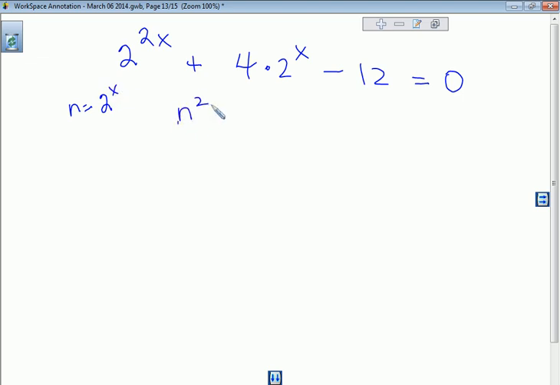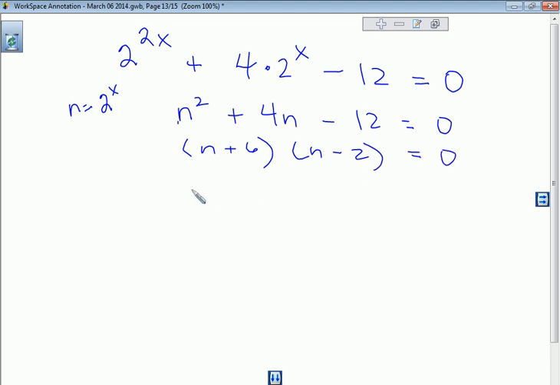So this would be n squared plus 4n minus 12 equals 0. We get n plus 6, n minus 2, which is really 2 to the x plus 6, or 2 to the x minus 2.